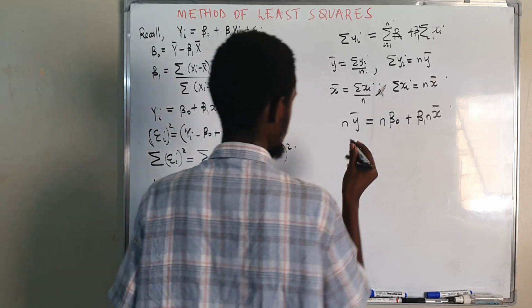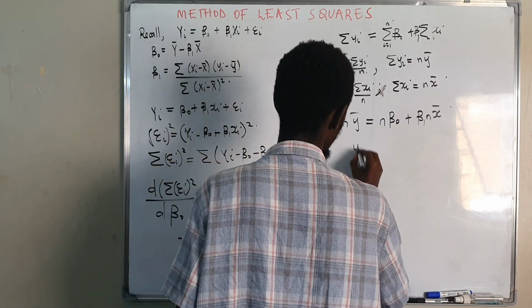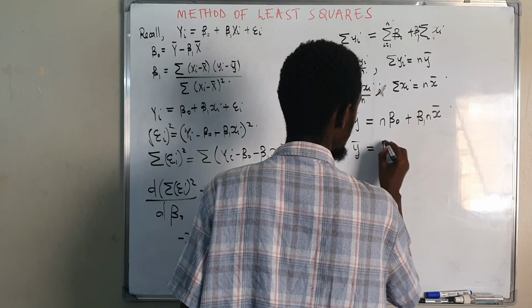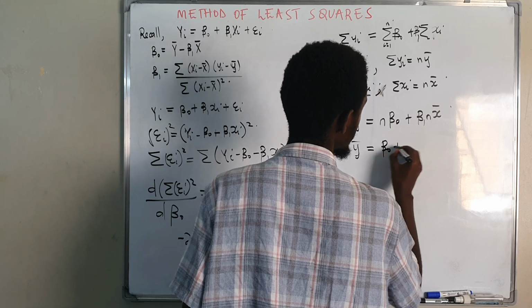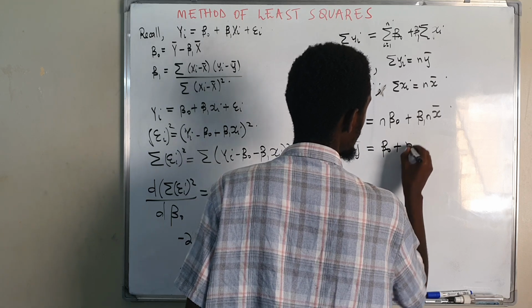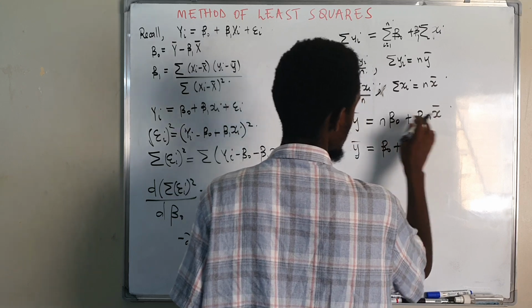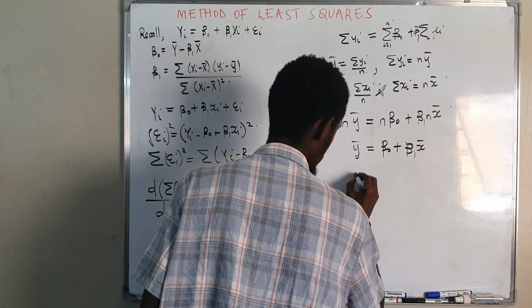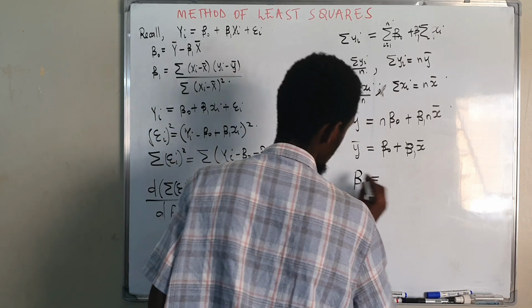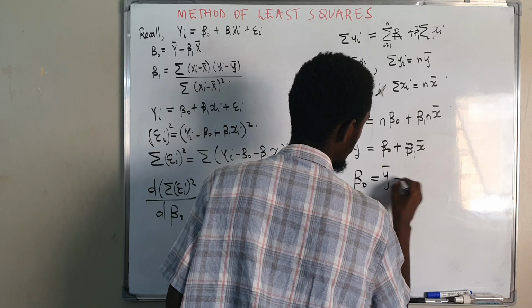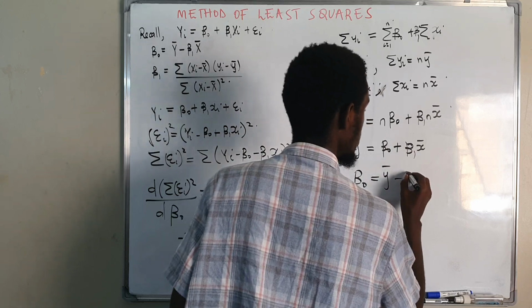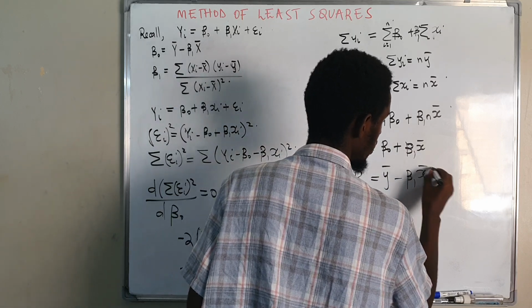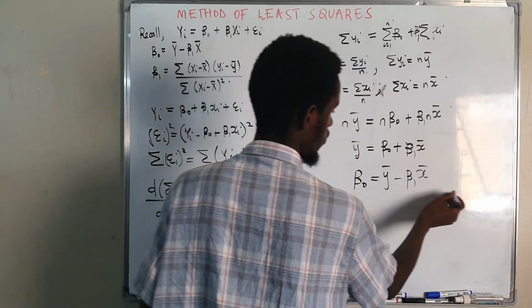If I divide by n, I have y bar equaling b naught plus b1 x bar. These n's have gone. Therefore, from this step, b naught is going to be the same as y bar minus b1 x bar from this side.